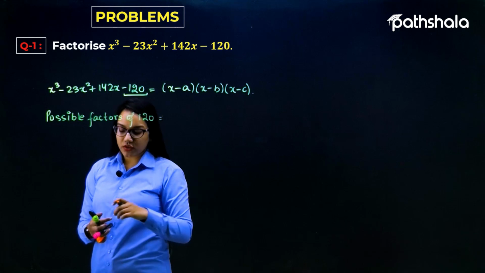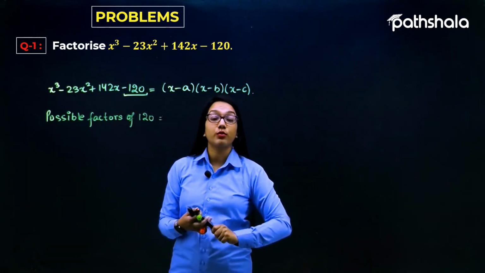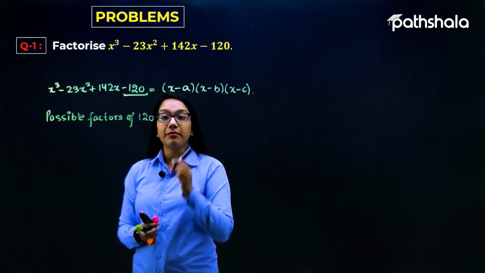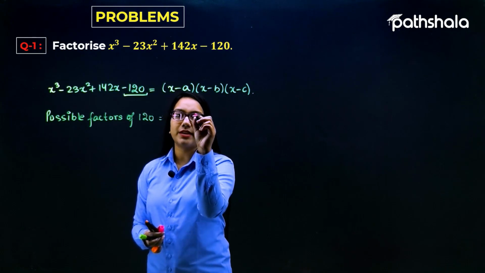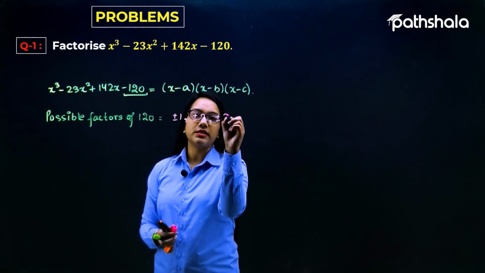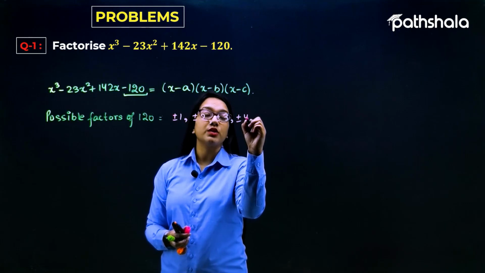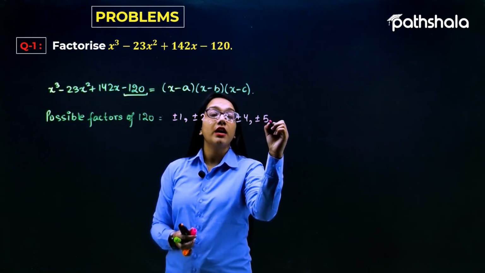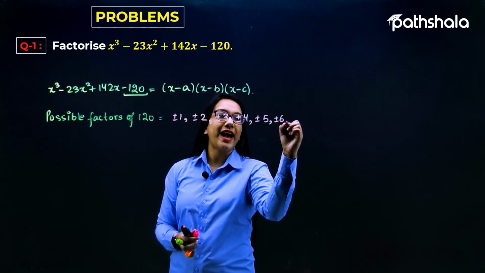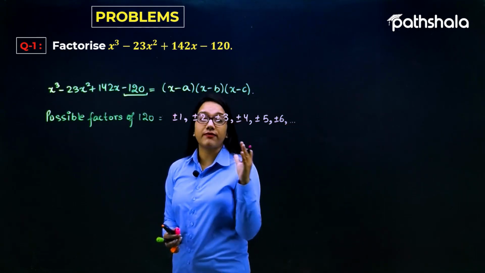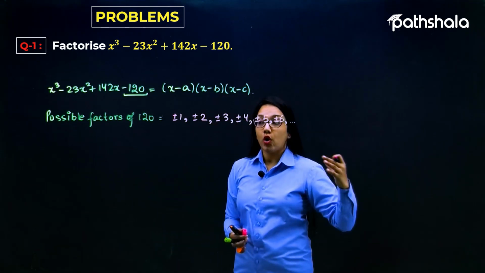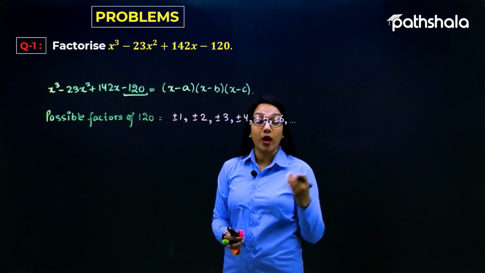They can be plus minus 1, plus minus 2, plus minus 3, plus minus 4, plus minus 5, plus minus 6, and so on. There are many factors of this single term 120.